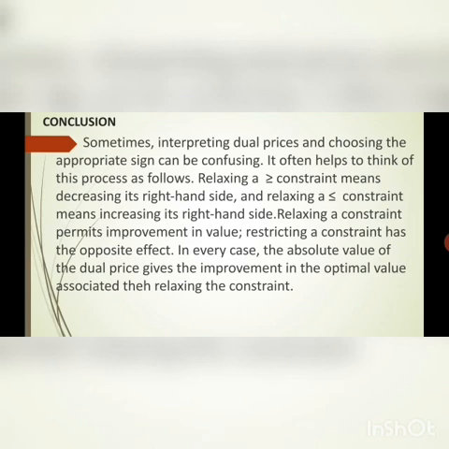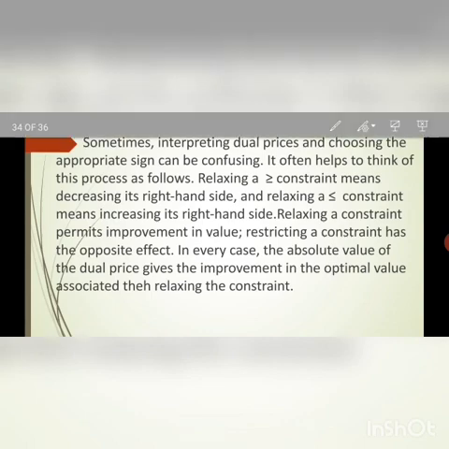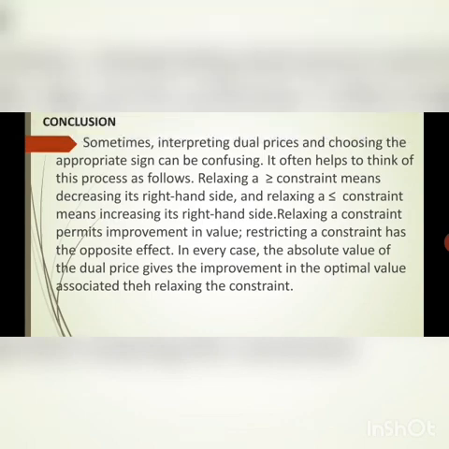Relaxing a constraint permits improvement in value. Restricting a constraint has the opposite effect. In every case, the absolute value of the dual price gives the improvement in the optimal value associated with relaxing the constraint.